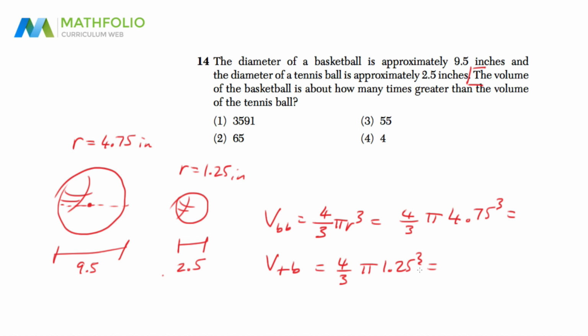Be very careful with graphing calculators that you use parentheses for 4 divided by 3, otherwise PEMDAS might work out in a way you don't expect. So I'm doing parentheses 4 divided by 3, close up the parentheses, times pi, times 4.75 to the third power.